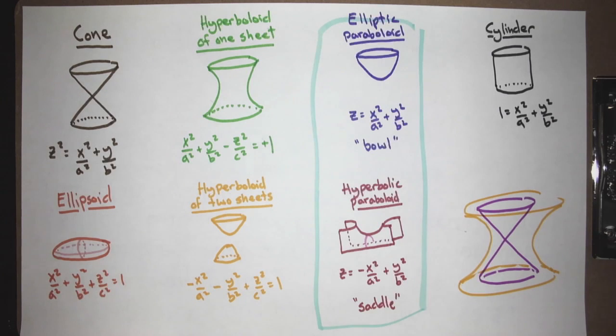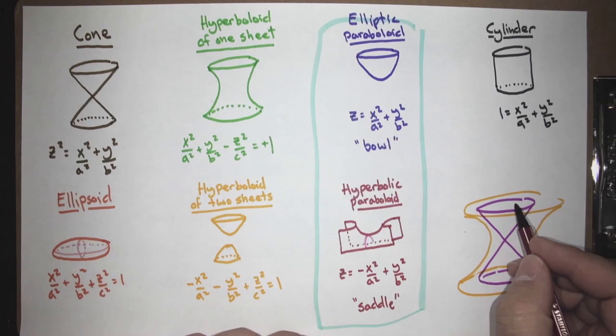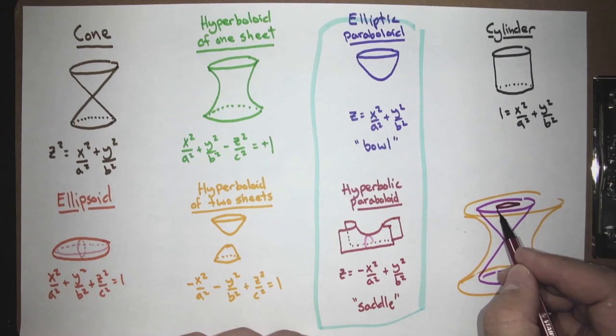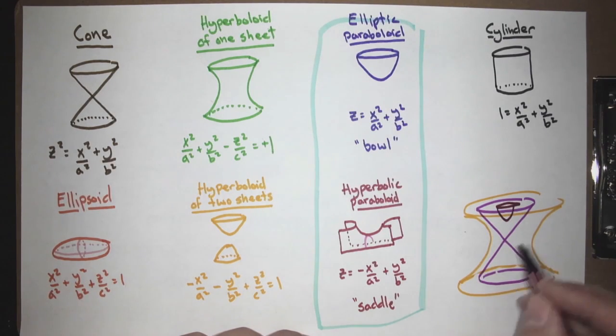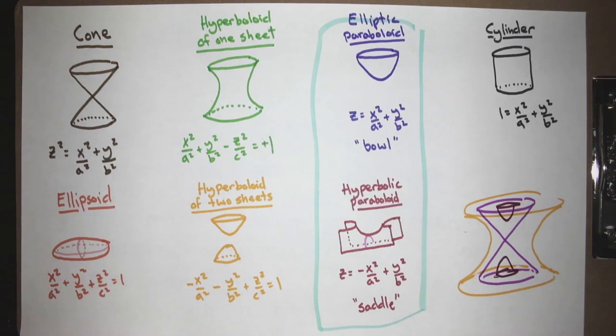So you have the cone, which can fit inside a hyperboloid of one sheet on the outside, and a hyperboloid of two sheets inside the cone. And we'll talk about this a bit more in about a week, I think. So something to look forward to.